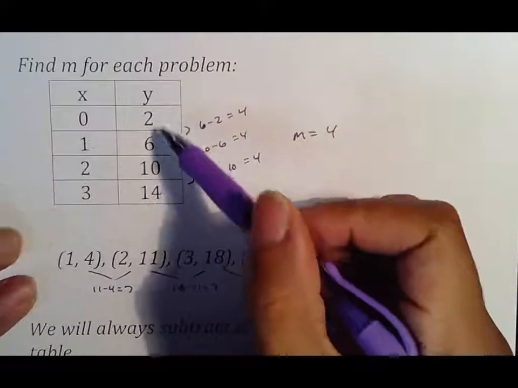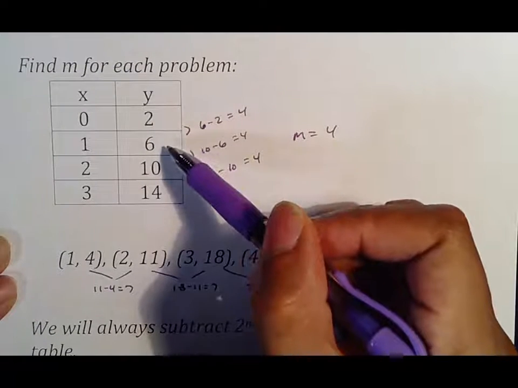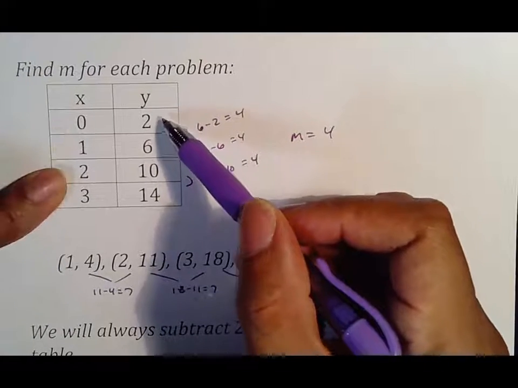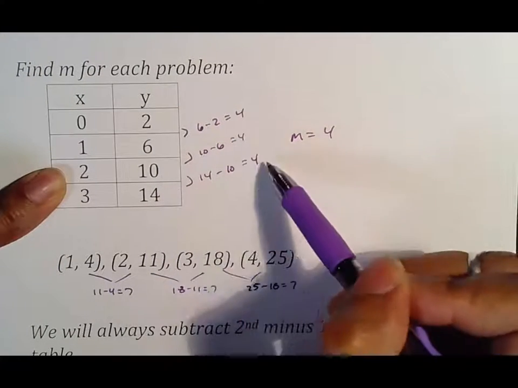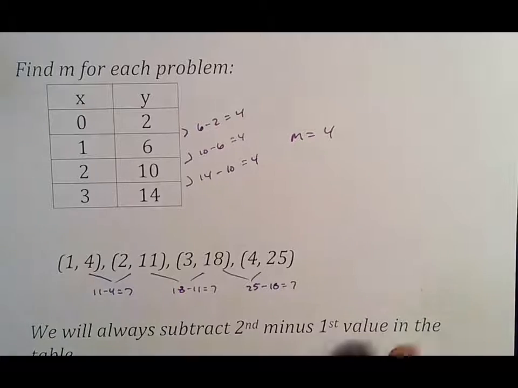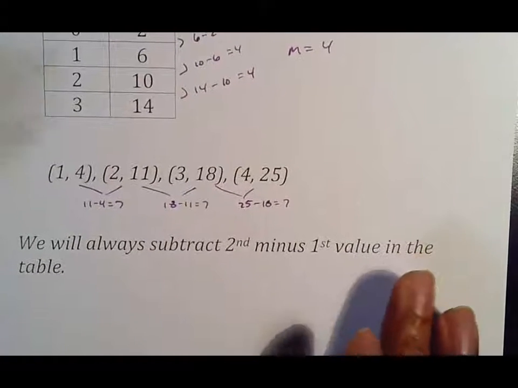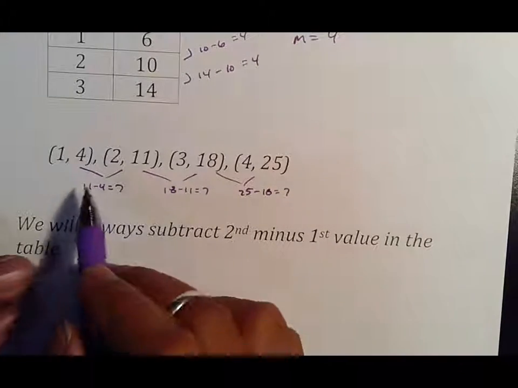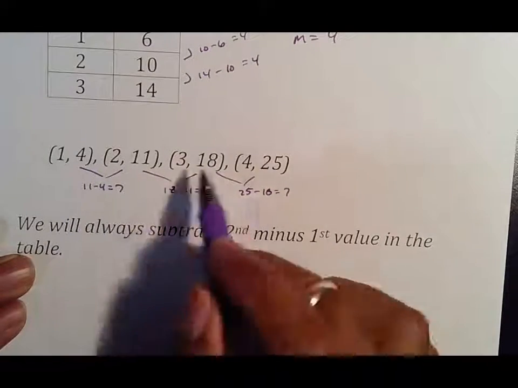If you do 2 minus 6, you get negative 4, which makes you think the numbers are going down. But as x is going up, y is also going up. It should be a positive 4, and so that's why you want to make sure you do that. So again, always do second minus first in the table to find your m, or in the points to find your m. So again, 11 and 4, 18 minus 11, and so on will get you what you're looking for.